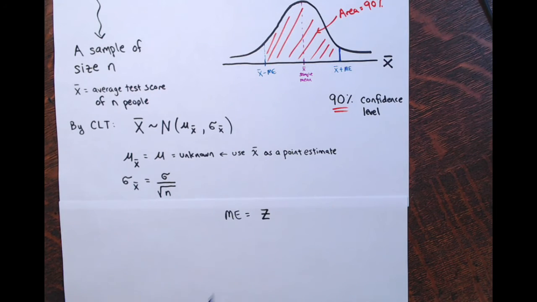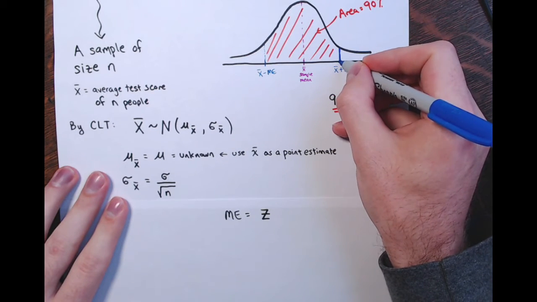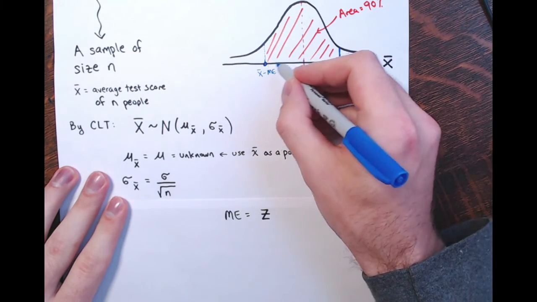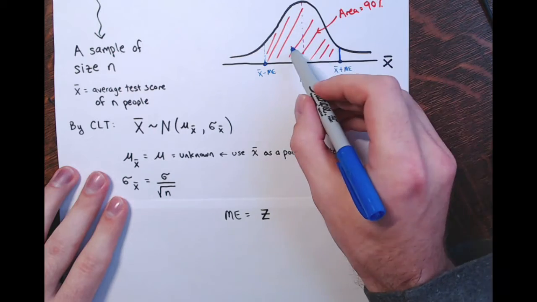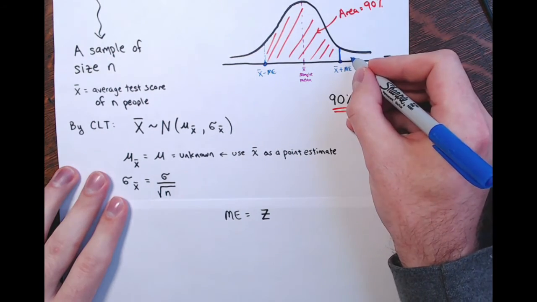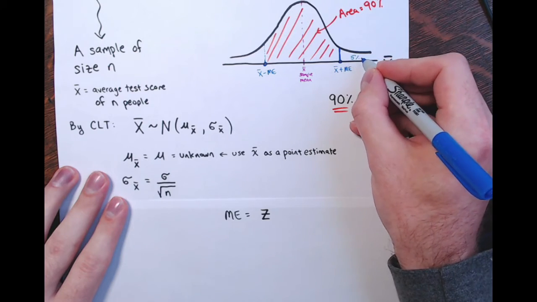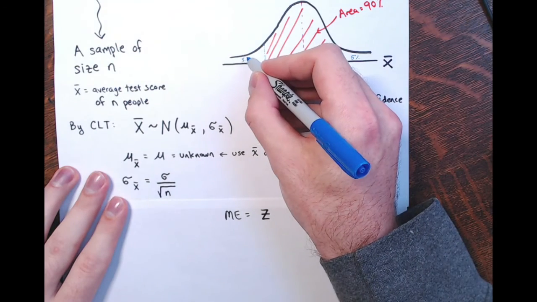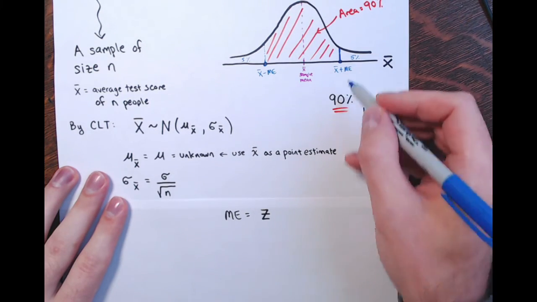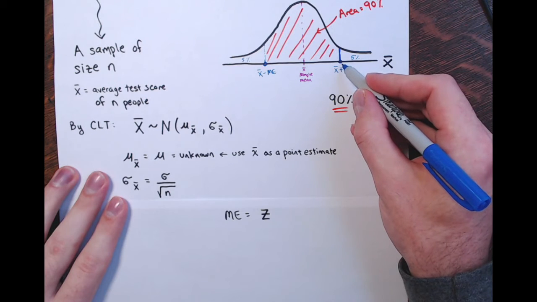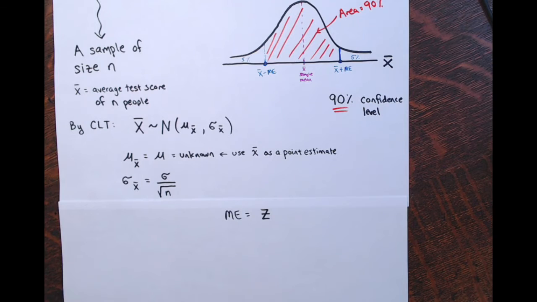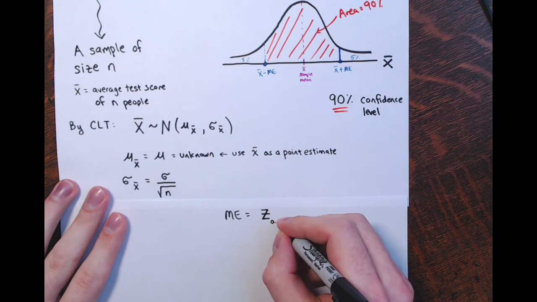What we're trying to do here is find the z-scores of these values, x bar plus the margin of error and x bar minus the margin of error. Now if there's 90% between them, that means there's 5% above this value and 5% below this value, to make a total of 100. So we would be looking for the z-score with 5% above it.